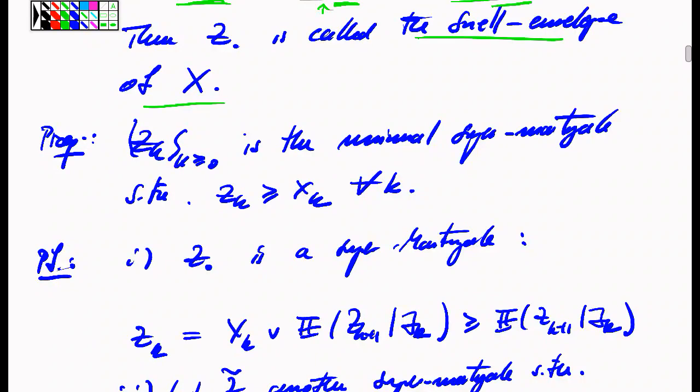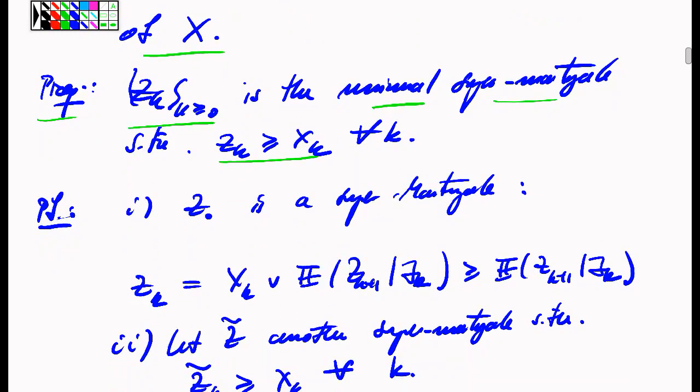Okay, for doing that, we have a little proposition which says that Zk, this Snell envelope, is the minimal supermartingale which still is dominating the initial process X in a pointwise fashion.